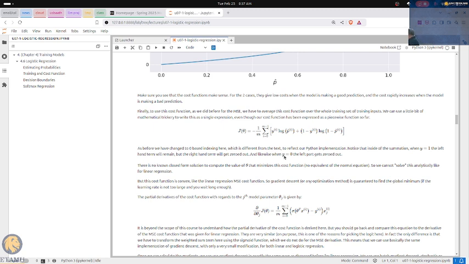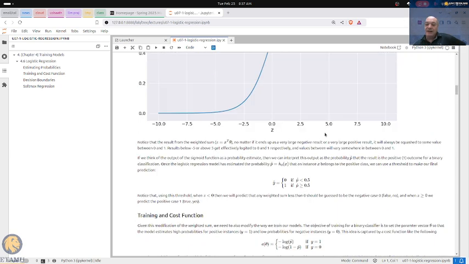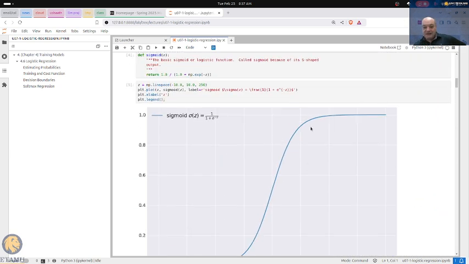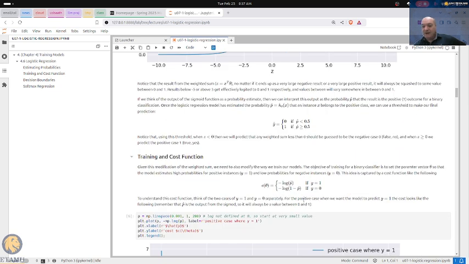It's a little bit beyond the scope of this course, but there are other things we could have done, other than the logarithm, in terms of defining a cost function that would work with our binary 0 and 1 classification.